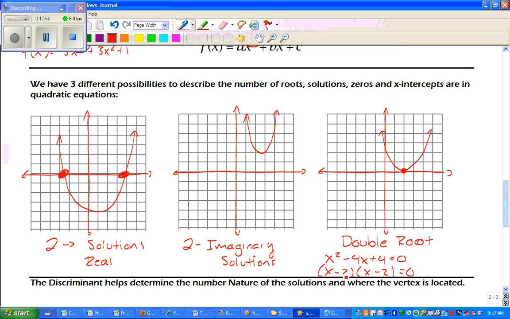If you solve these, setting x minus 2 equal to 0, what would you get? X equals 2 and x equals 2. So how many answers do you actually see here? You see two answers, but they both occur in the same spot at 2. So that's why it's called a double root. There's actually two answers there, but they're both hitting the x-axis at the exact same spot. So that's the double root part.